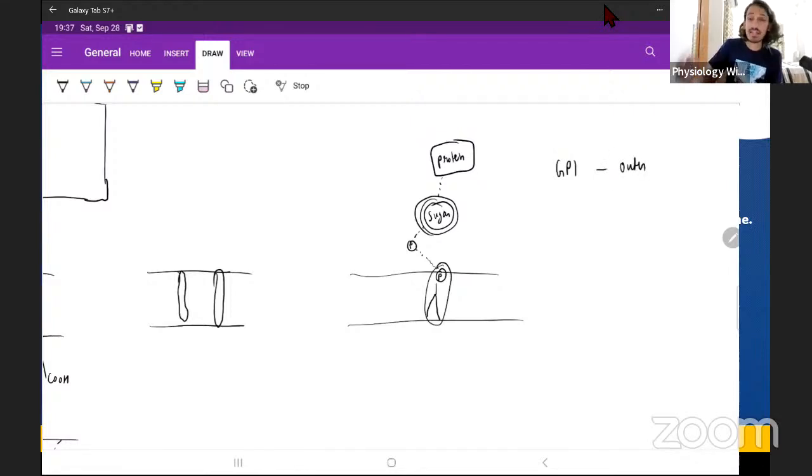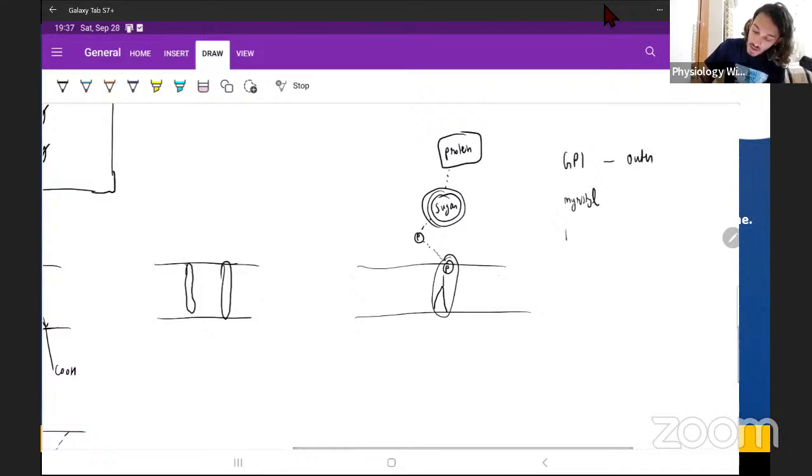Apart from that, in the inner leaflet, certain components which are attached, instead of phosphatidyl inositol, it can attach itself to myristoyl, prenyl, different groups like this. One example for this is what you call SRC.